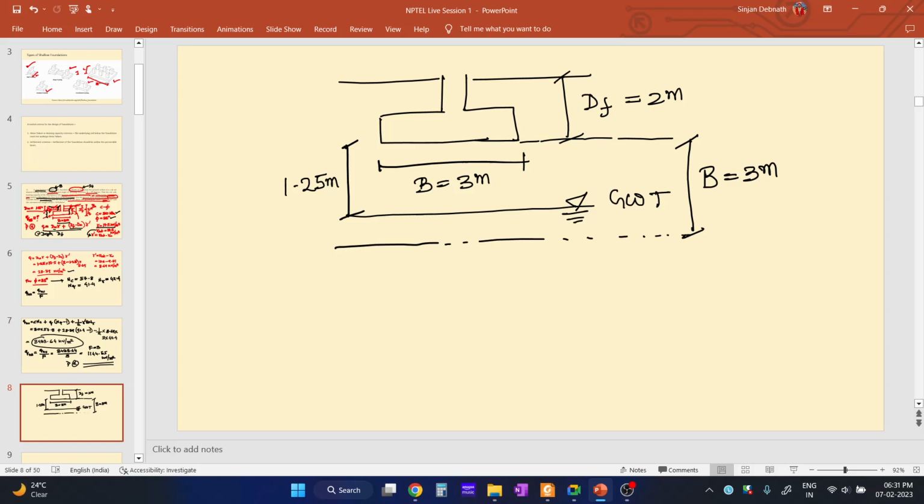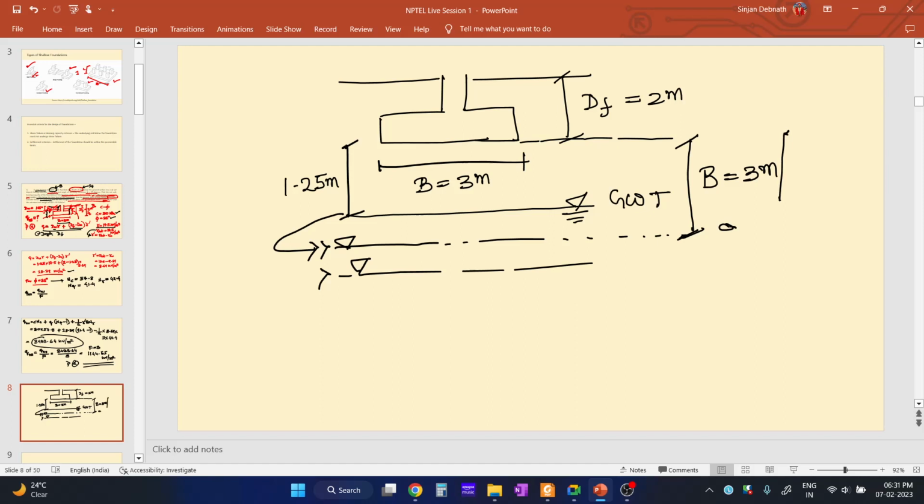suppose the groundwater table is over here or beyond, that is at depth B from the base of the foundation or greater.